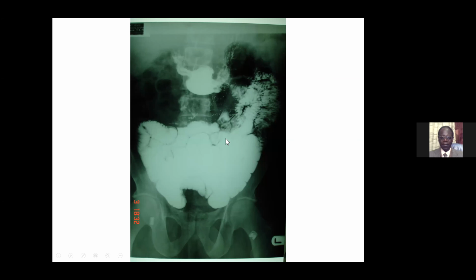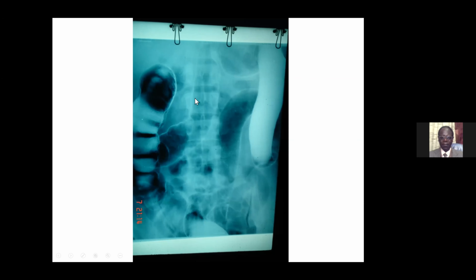This is a barium enema. It also happens to show some pathology. Look at the haustrations in the cecum and the descending colon. The transverse colon does not have haustrations, even the descending colon, up to the rectum.